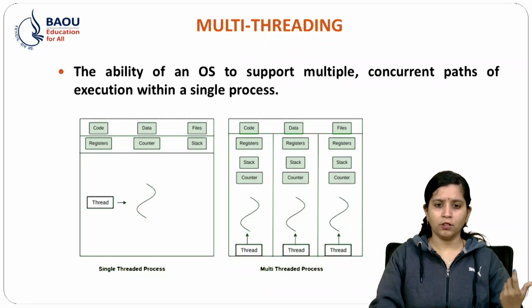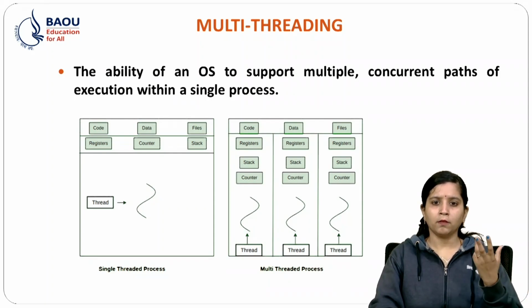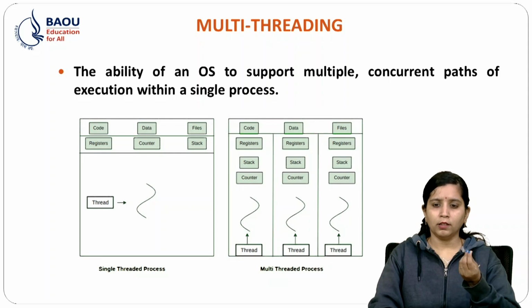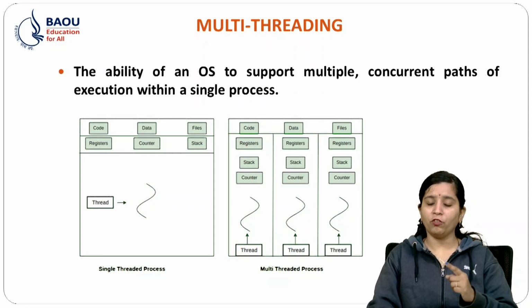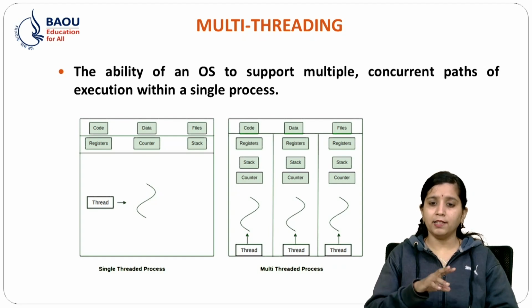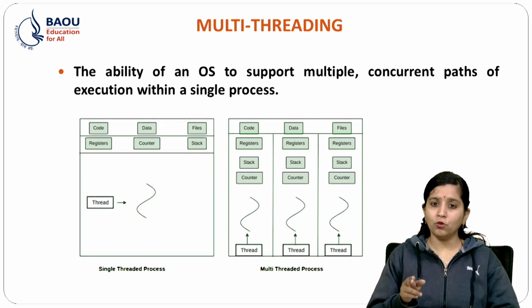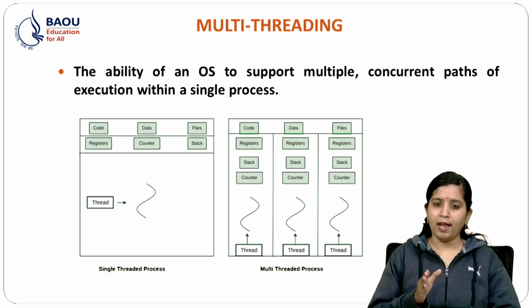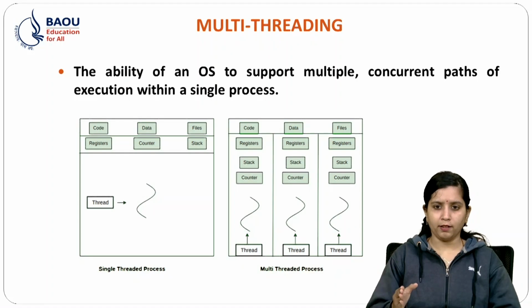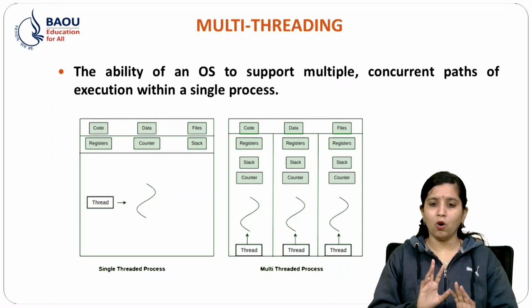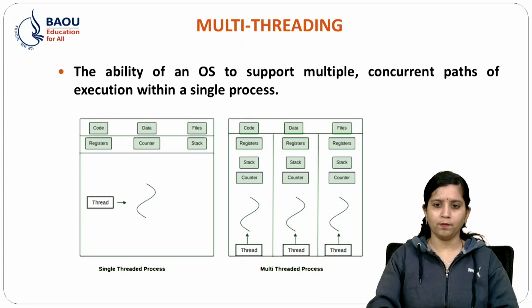In the first image, the program counter, register set, and the stack are used for only one thread. But in the second image, we are using multiple threads and multiple program counters, register sets, and stacks. And we can switch between all these threads easily, because thread is a lightweight process.